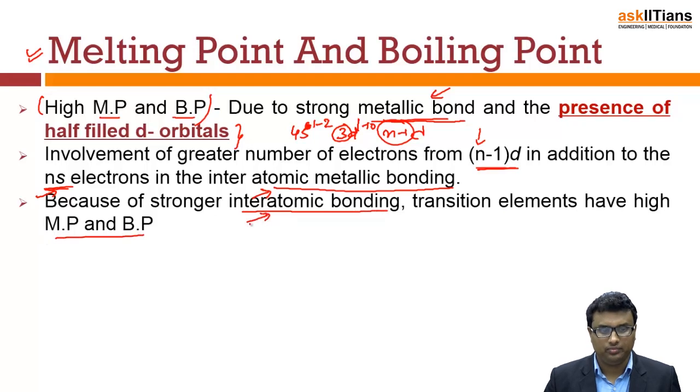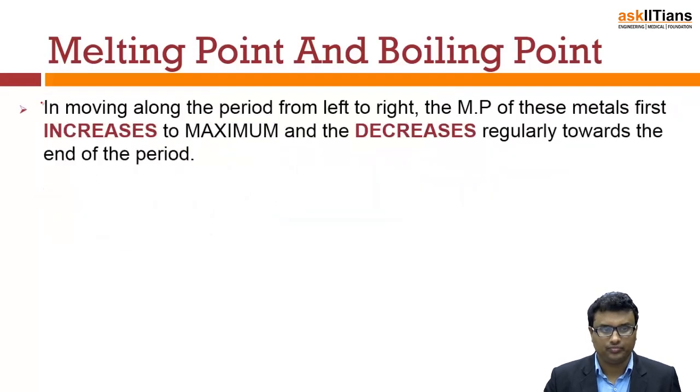So the same logic. Next, as you are moving along the period from left to right, the melting point of these metals first increases to a maximum and then decreases regularly towards the end of the period. Why? Because as you go from left to right, initially you have 3d unpaired electrons. For example, in the 3d subshell you have one electron like this, one electron like this, one electron like this, one electron like this, as you go from left to right.